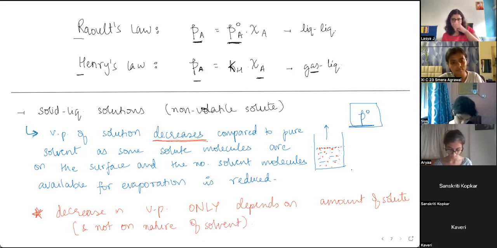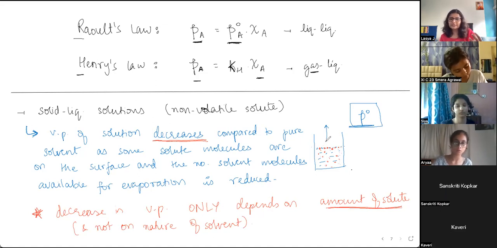It doesn't matter whether it's a volatile solvent or a less volatile solvent. By how much it decreases only depends on the amount of solute. If you add more solute there will be more decrease. If you put less number of solute molecules, then the decrease also will be tiny.